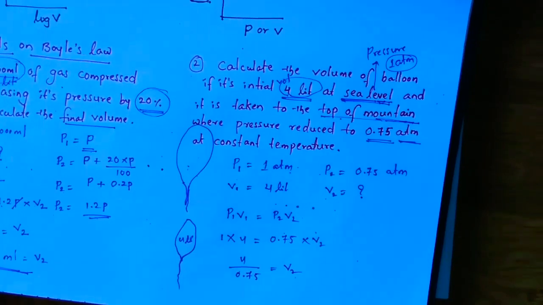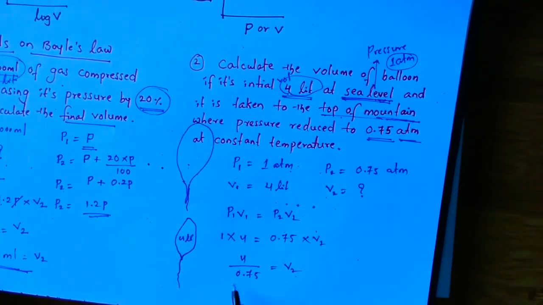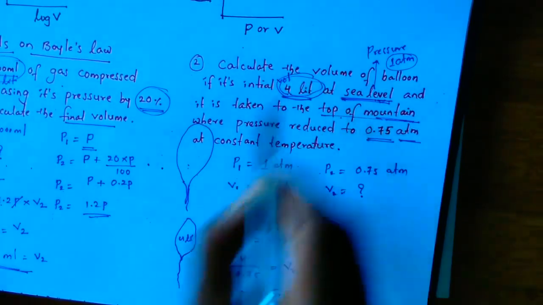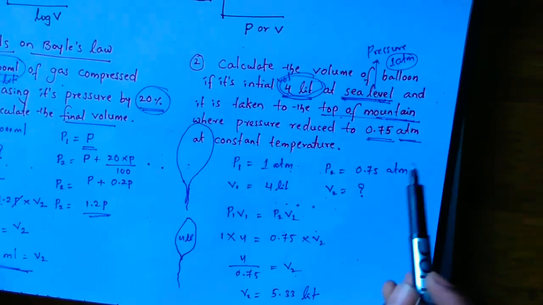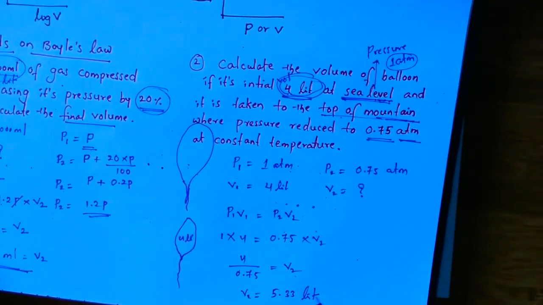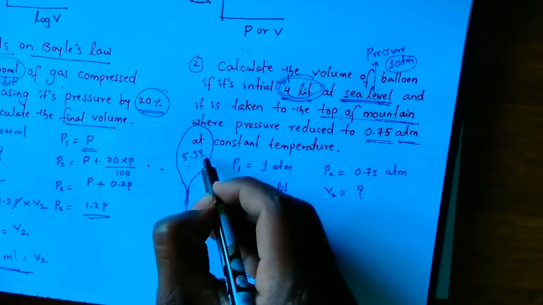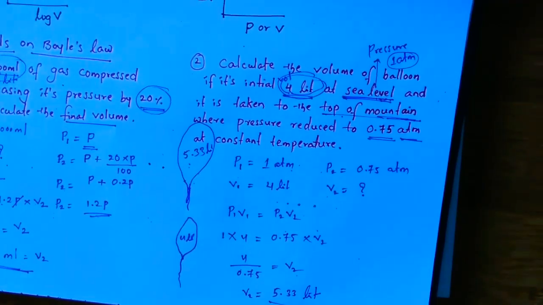On simplification, you will get V2 equal to 5.33 liters. The initial volume was 4 liters. When it moved to the mountain, the pressure reduces, so the volume of the balloon increases to 5.33 liters. Is that clear?